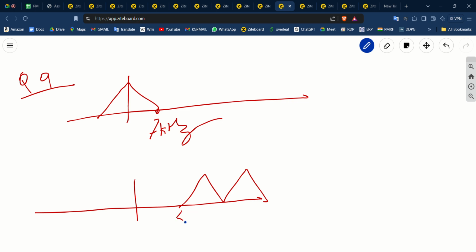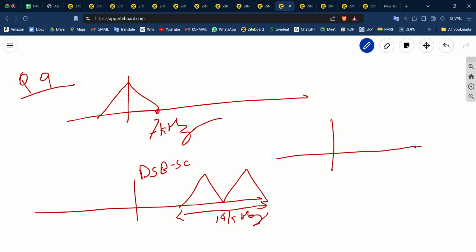So in effect, it will have a bandwidth of 14 kilohertz for DSB. But for SSB, it will be only 7 kilohertz. So this is fc here.